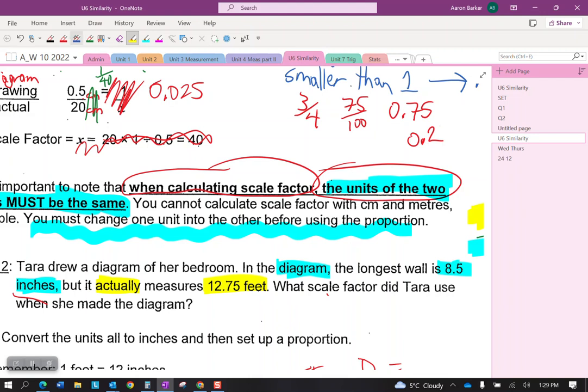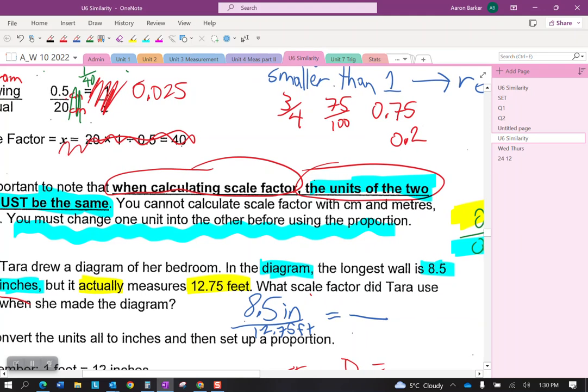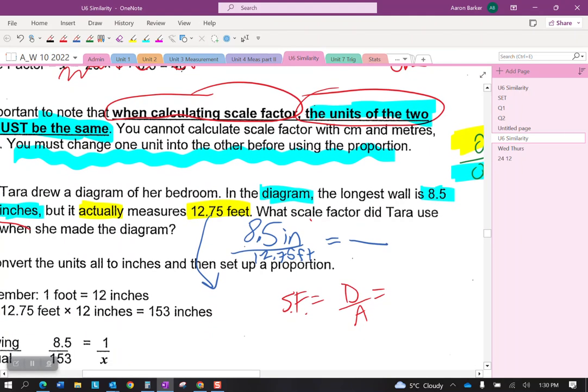If you're looking at the scale, you could use 8.5 inches over 12.75 feet. You can work with that. However, if you're doing a scale factor, you have to turn this into inches. So if you turn that into inches, you'll get 12.75 times 12.